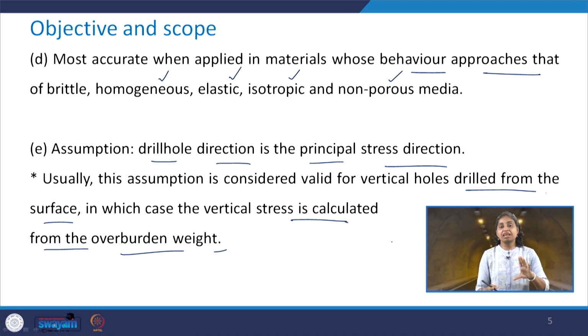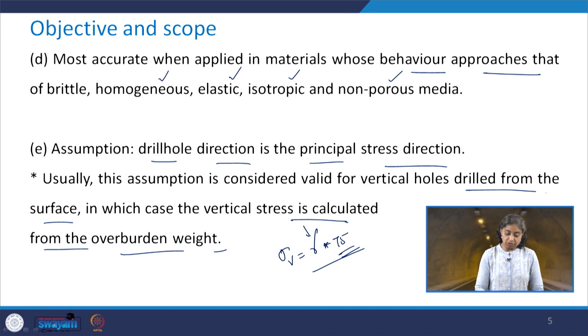So, let us say the test is conducted at a depth of, let us say, 75 meters below the ground surface in a vertical borehole. Then the vertical stress will be equal to gamma of the rock multiplied by the overburden, which is 75.